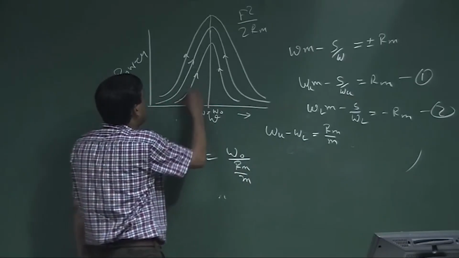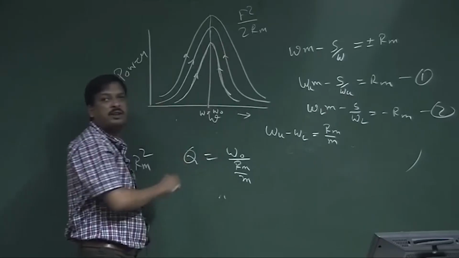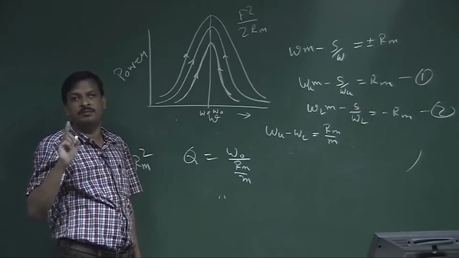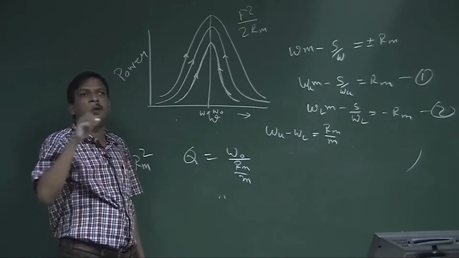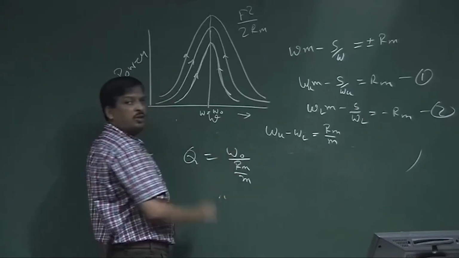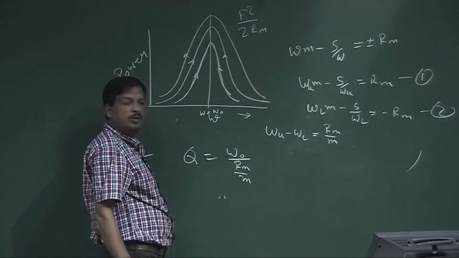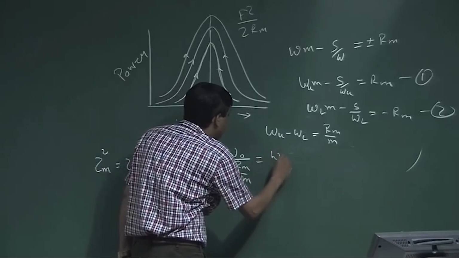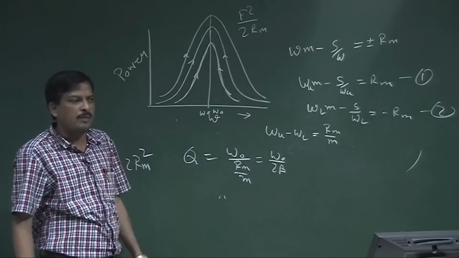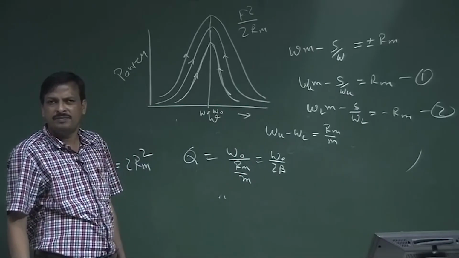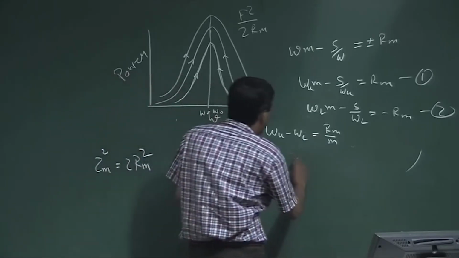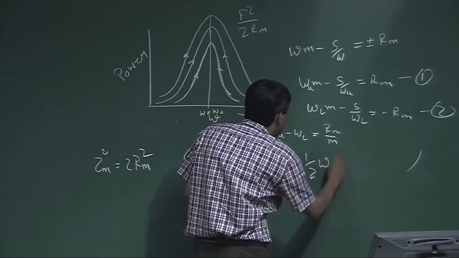The sharpness of the curve, how narrow it is, is defined by the parameter Rm by m, mechanical resistance divided by the mass of the system. So, I can write it as omega 0 divided by 2 beta, because beta is equal to Rm by 2m. Similarly, 1 by beta is equal to tau, so I can write half omega 0 tau.